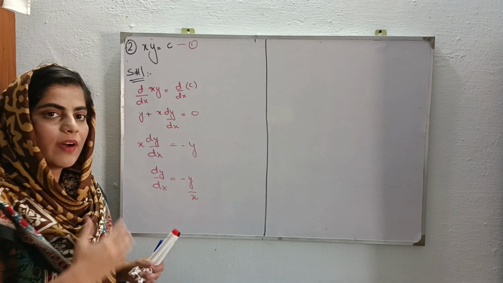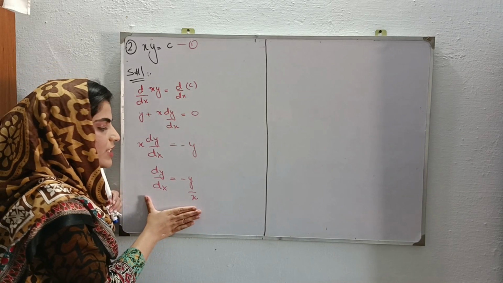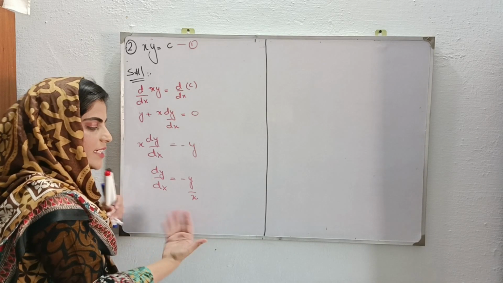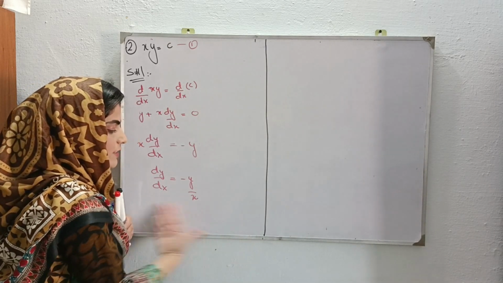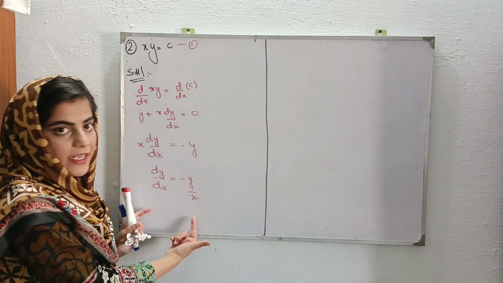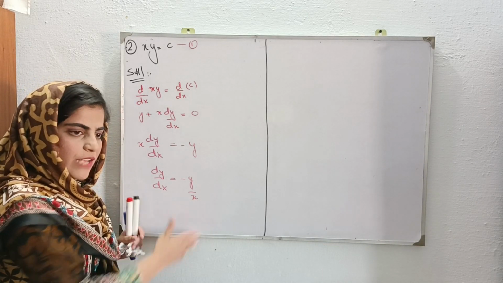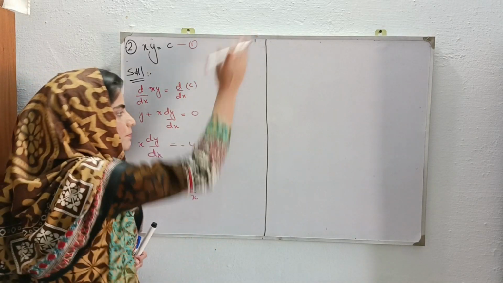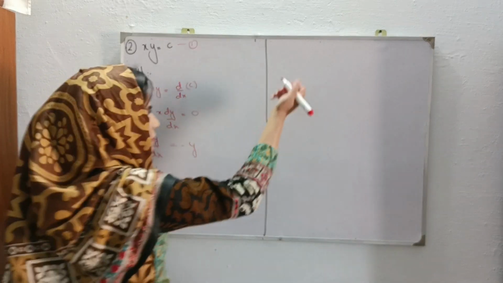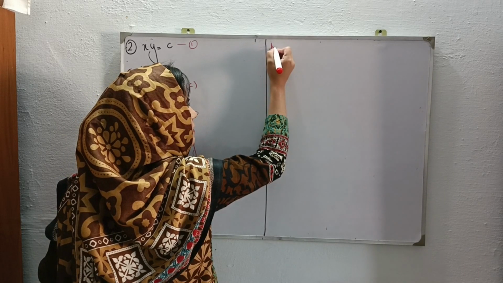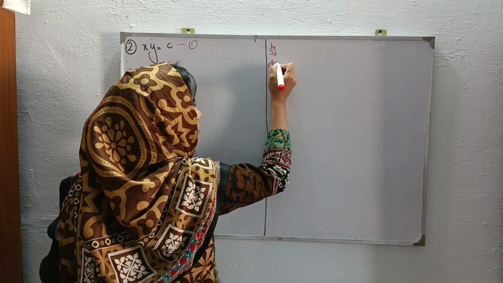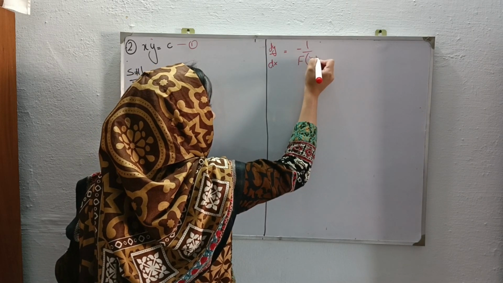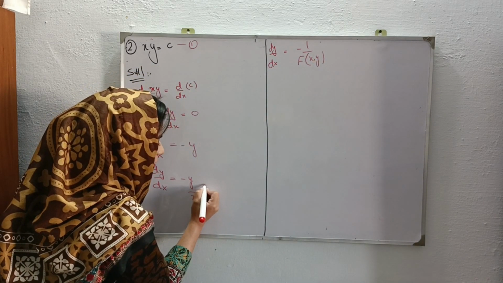In step number 2, what you have to do, you have to eliminate the constant which you got in step number 1, right? But as you can see that in this equation, there is no constant, right? So we will not do step number 2, you will directly move to step number 3. Okay, and what was the step number 3? You have to find out another dy by dx equals to minus 1 over f of x y, right?